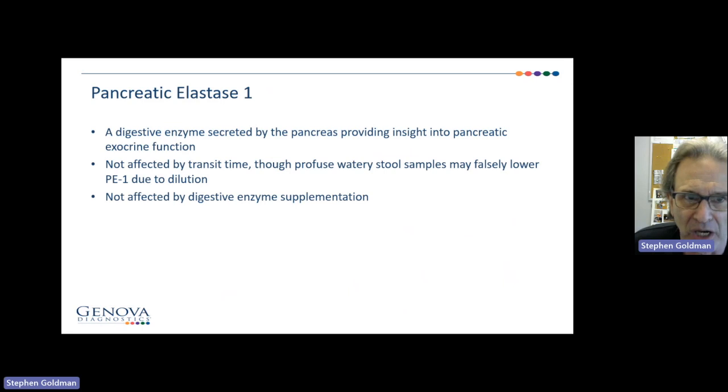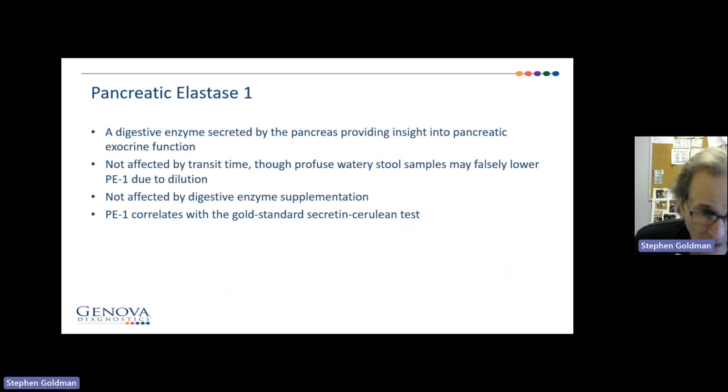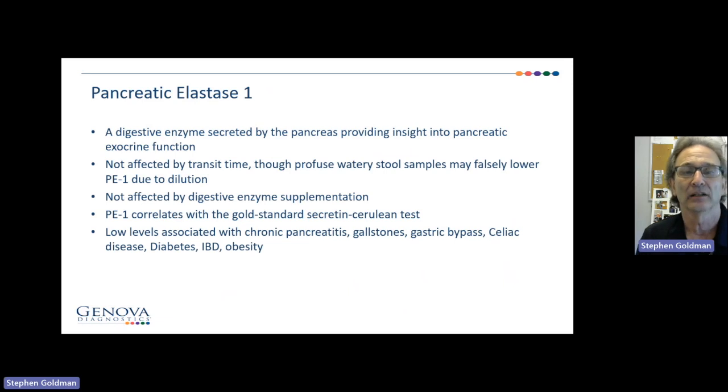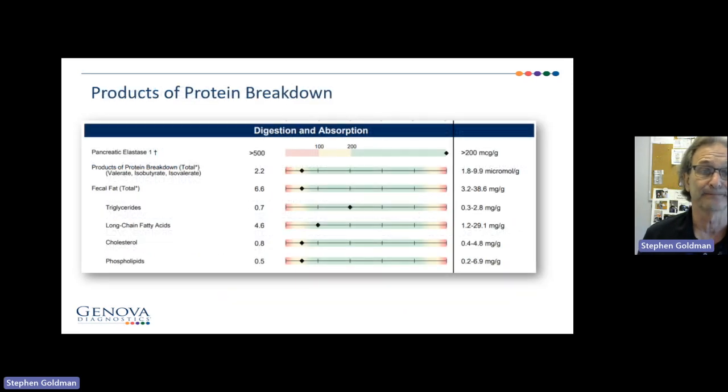It might have done a great job, but the only way pancreatic elastase itself goes up is if they produce more of it. It is in correlation with the gold standard secretin cerulein test. Low levels are associated with chronic pancreatitis, gallstones, gastric bypass, celiac disease, diabetes, inflammatory bowel disease, and obesity.